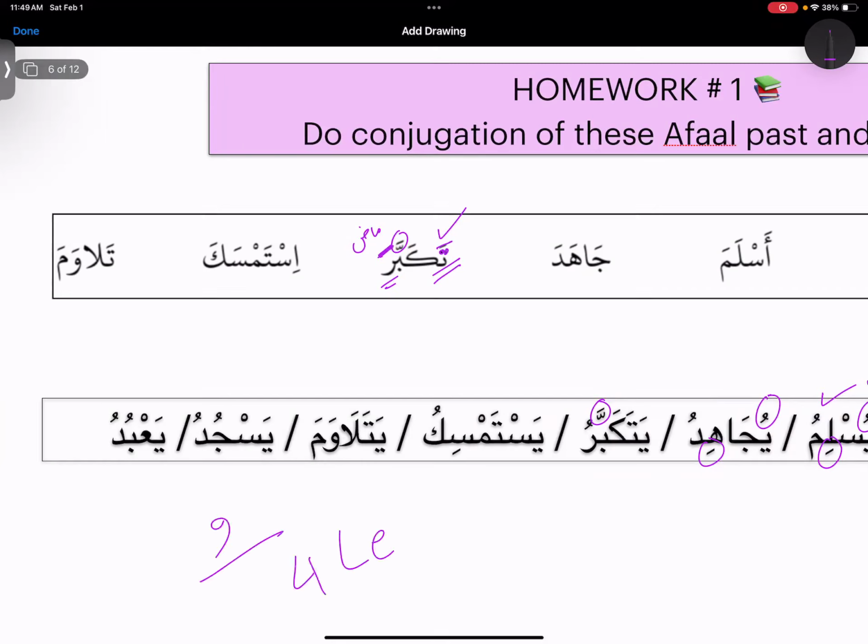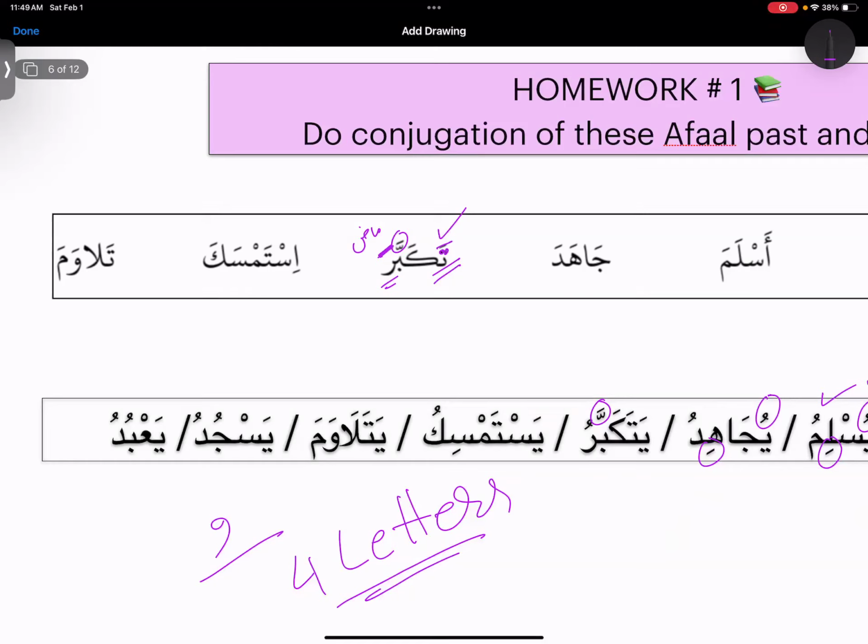4 letters, yes. Remember that rule. When it is less than 4 or more than 4, then there is no guarantee it's going to take Dhamma. So Dhamma is going to come only with the 4 root letters. Just put ya in front, that's all.